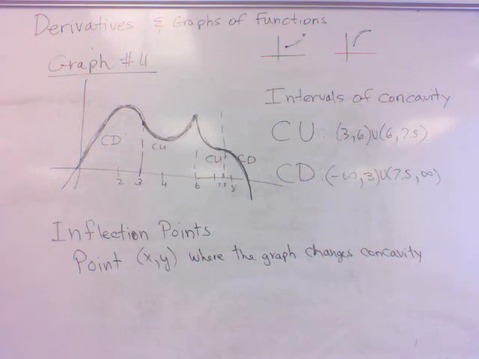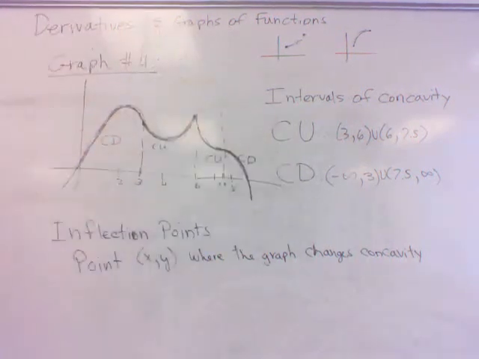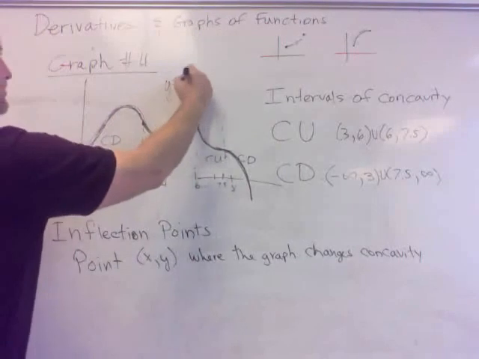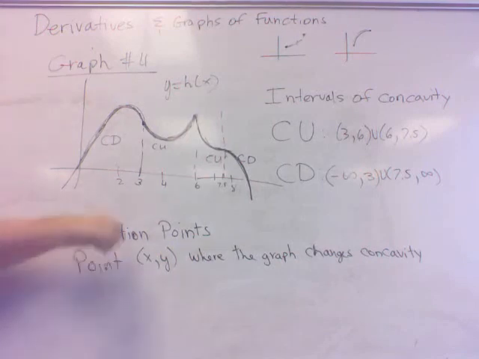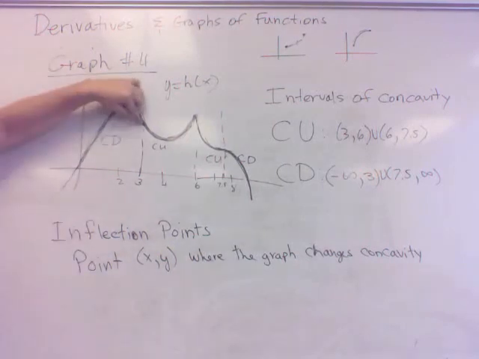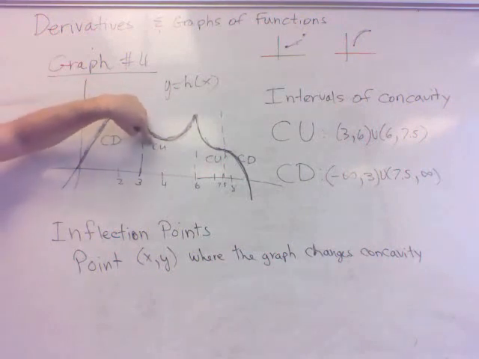Okay. Do I have any inflection points on this graph, which I forgot to call h of x, but it is h of x? Does h have any inflection points? I do believe it does. Because at 3, we estimated, we're changing from concave down on this side to concave up on this side.